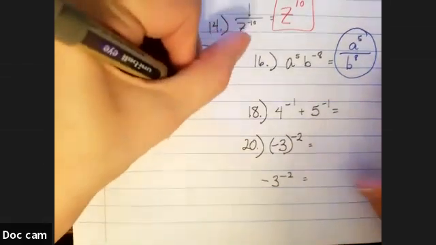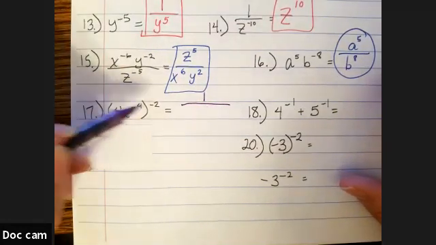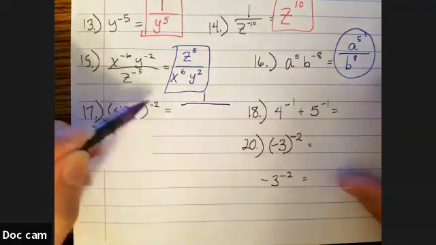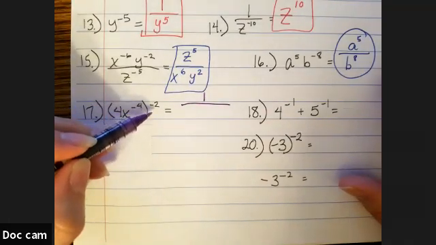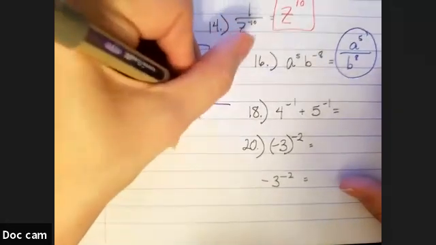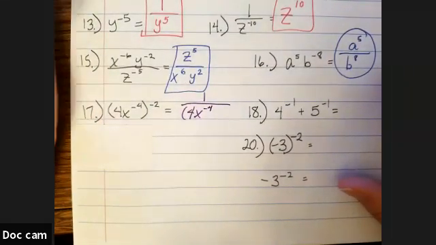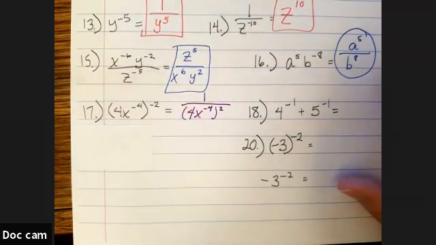That's going to make it 1 over, and then the denominator is basically going to be exactly the same as this. The only difference is that the 2 will be positive instead of negative. So the stuff in the parentheses stays exactly the same: 4x to the negative 4, and then all that is squared.